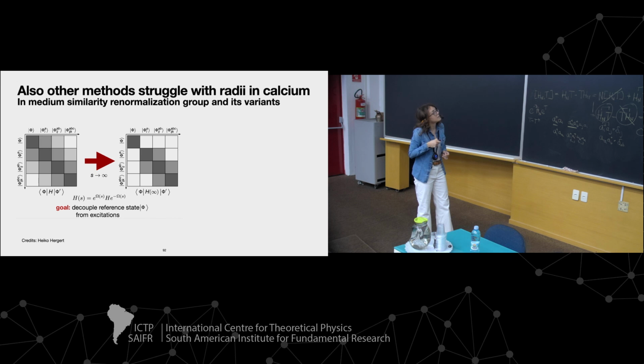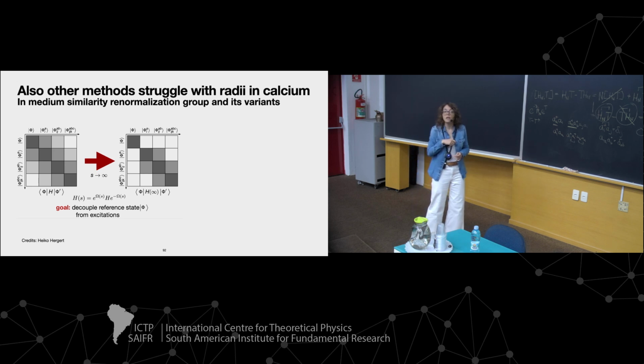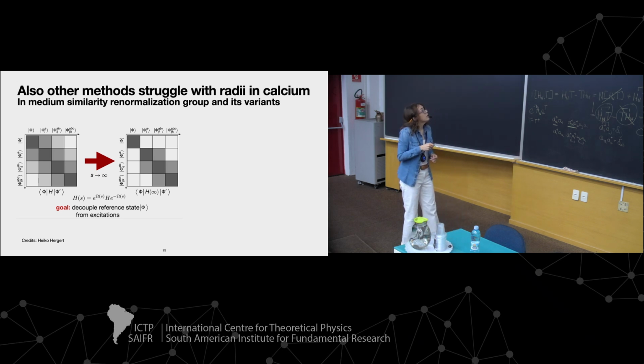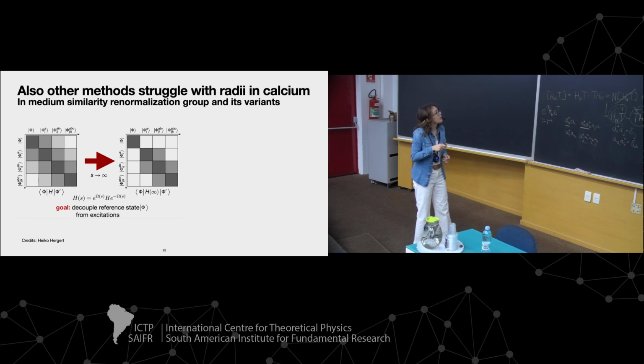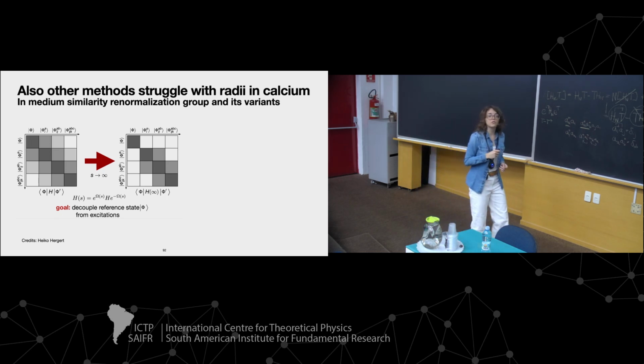So we will have a situation in which the overlap between the reference and the other excited states is basically 0. So we want to get here in such a way that then we can extract from here our correlation energy. And so the idea: decouple the reference state from excitations using a unitary transformation in this case.